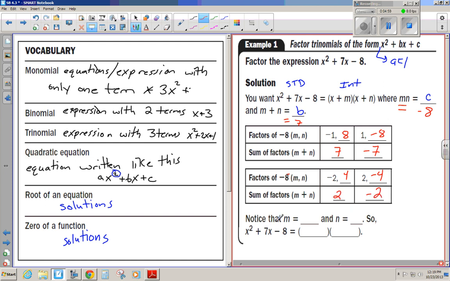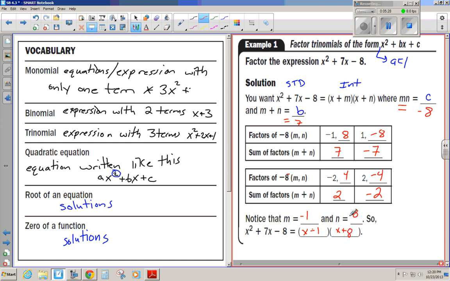So please notice that when m equals -1 and n equals 8, when you do this, you would put x minus 1, x plus 8.